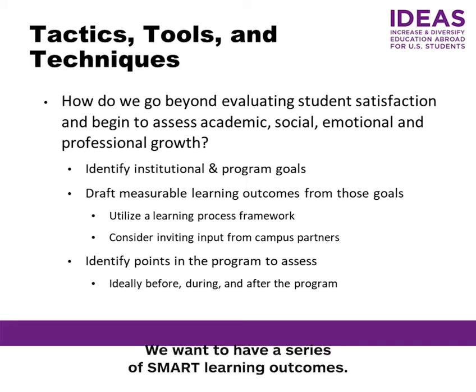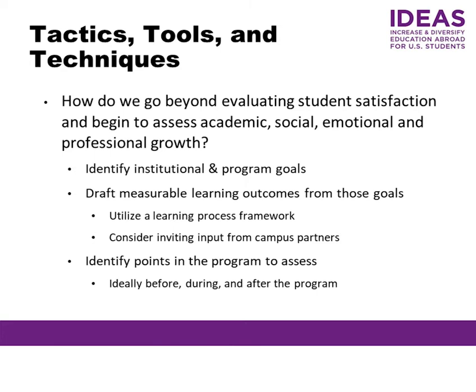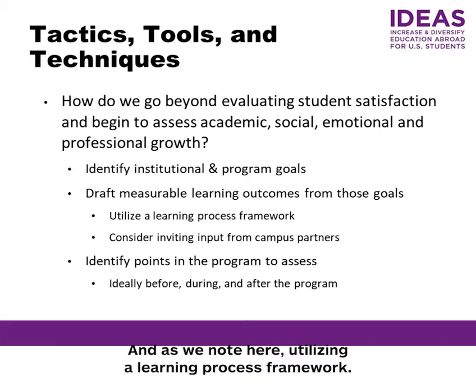We want to have a series of SMART learning outcomes. So SMART as in specific, measurable, attainable, relevant, time-based. You all know this. To say what are the knowledge, skills, competencies that students are expected to have upon successful completion of the program. And as we note here, utilizing a learning process framework.